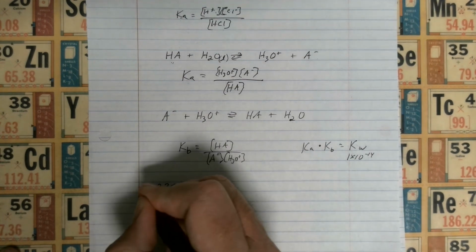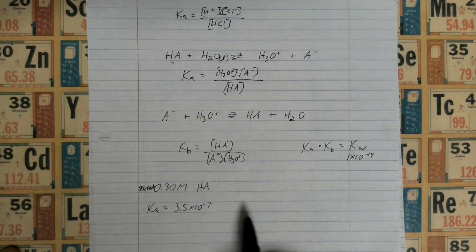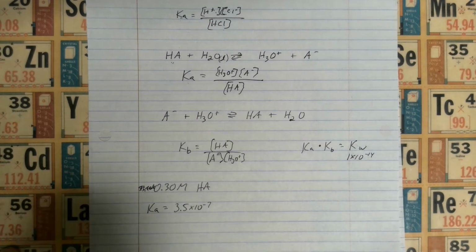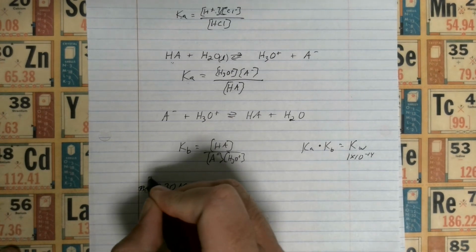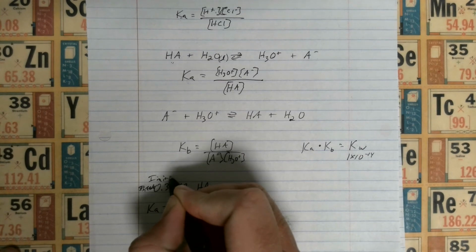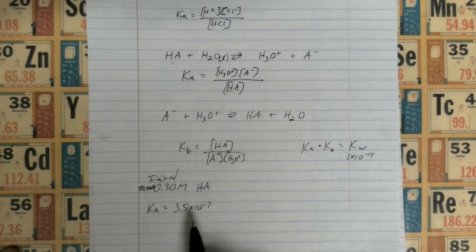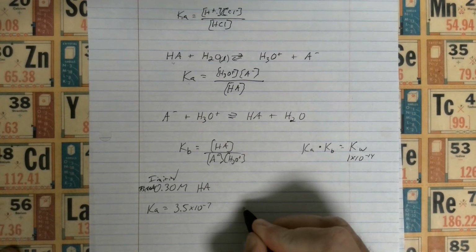Let's change it up. Hold on, let's go back. This is the initial, sorry. This is our initial, and we want to know what is the equilibrium concentration for all species. So what we would do is set up an ICE table or RICE table.